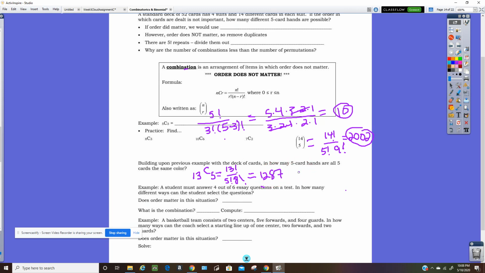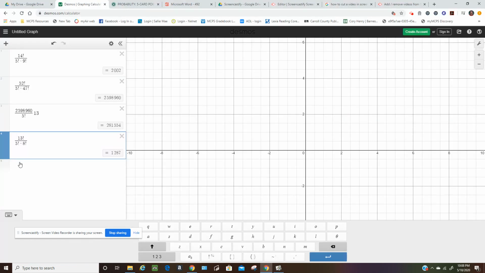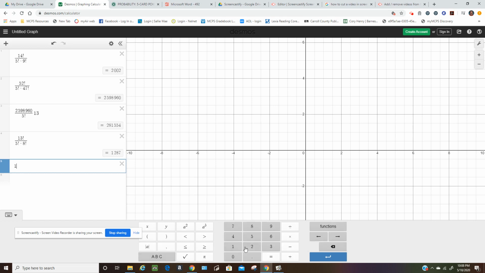So in 4 suits, there would be 4 times 1287. So back to the calculator. Is 5,148.